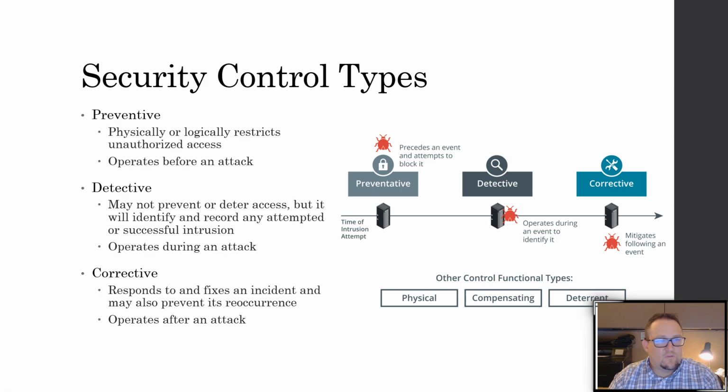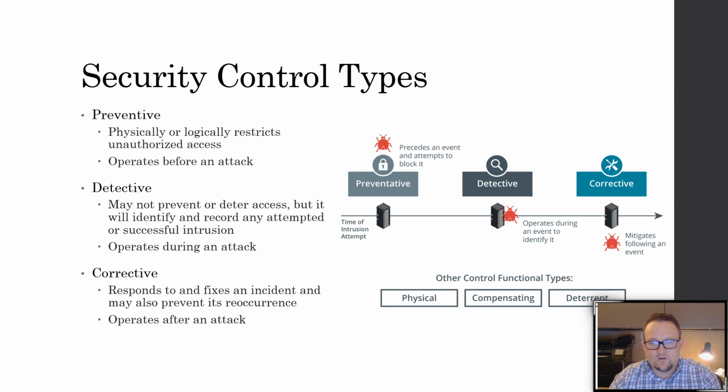So as we keep moving through this, we've also got security control types. The security control types that we're going to be really focusing on are preventive, detective, and corrective. So whenever you put in a security control, it's probably going to be one of these.